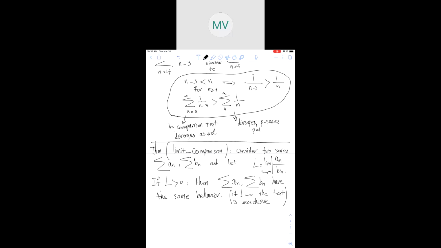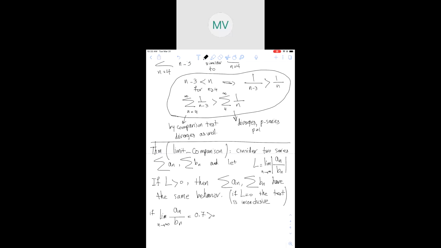Okay, what does it mean? Example. So let's say the limit of a sub n over b sub n, n going to infinity, is 0.7. I don't care what number it is, as long as it's a non-zero positive number, bigger than 0.